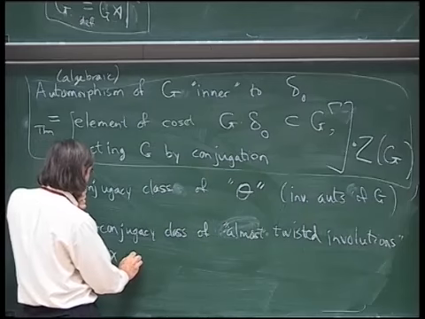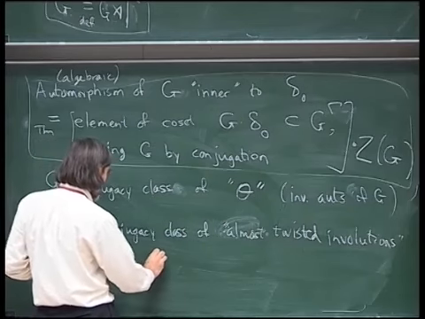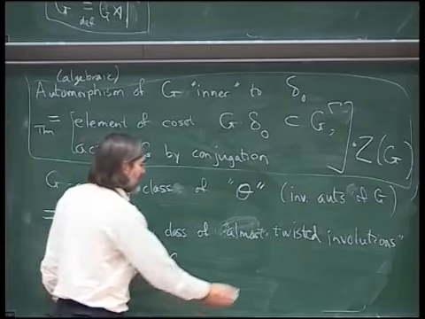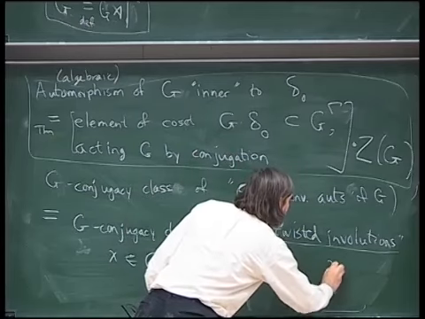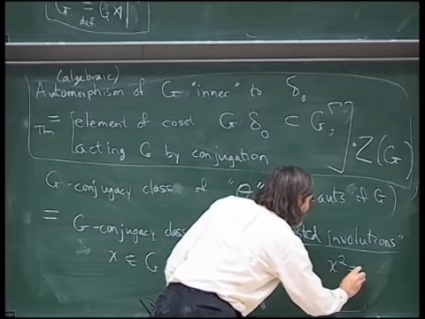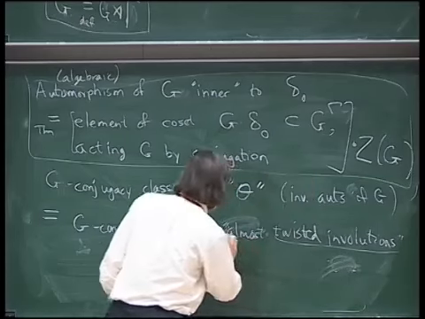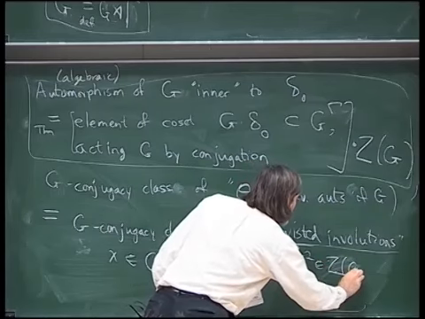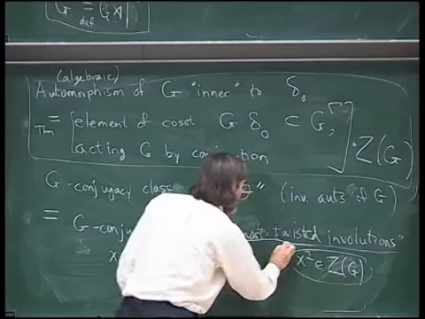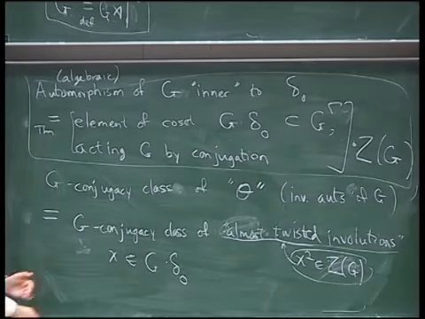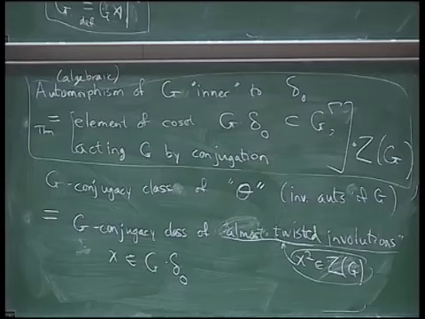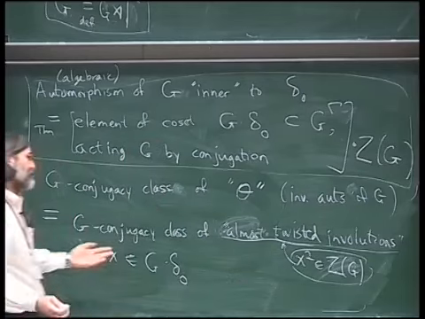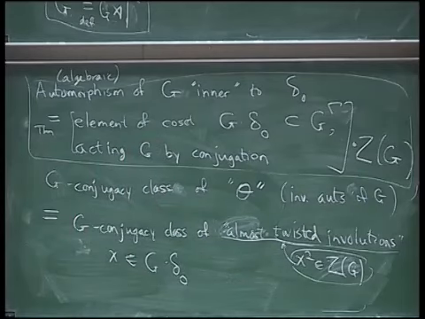So x in this, this condition is just, well, the whole thing. That's what this means, is that the square of x should be in the center of G. I probably shouldn't use the word twisted.